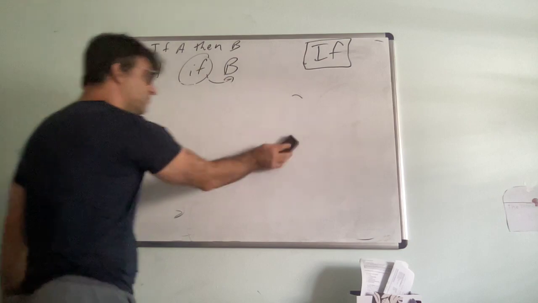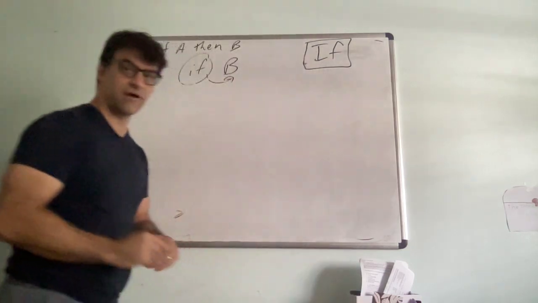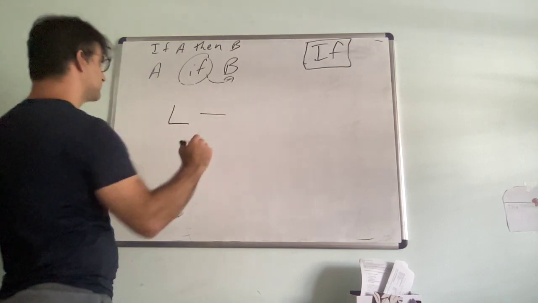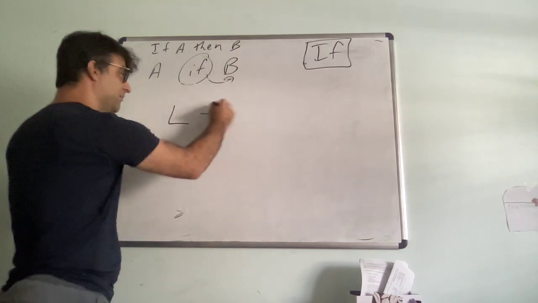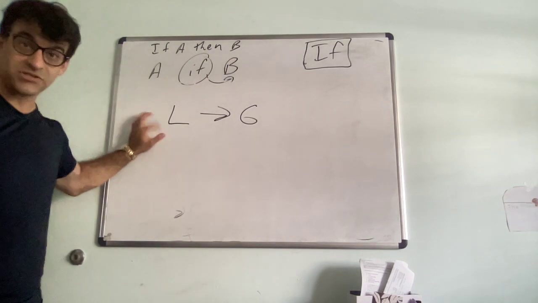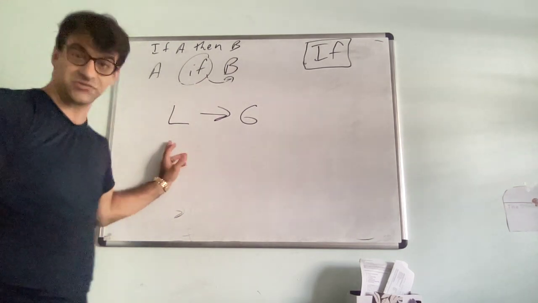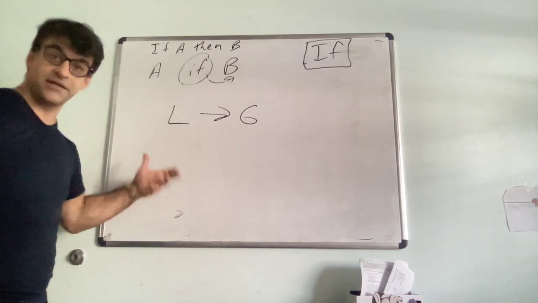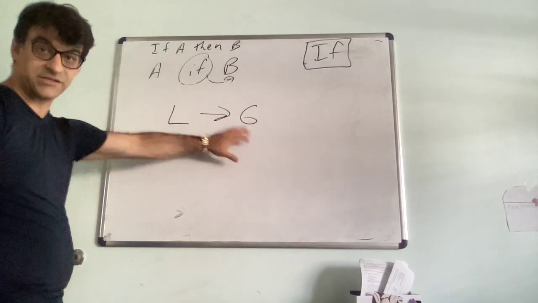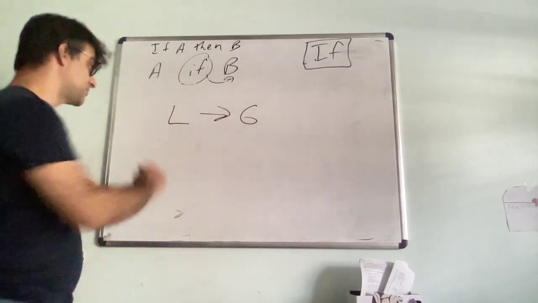In case this example is confusing, you have to pass a Q class to graduate, right? So long as you pass logic, let's say it's your last requirement, then you graduate. But of course, there's other Q classes you could pass, right? So this is sufficient for graduating if it's your last requirement, but not necessary. There might be other Q classes you could pass to graduate.